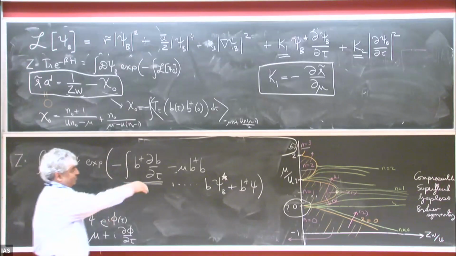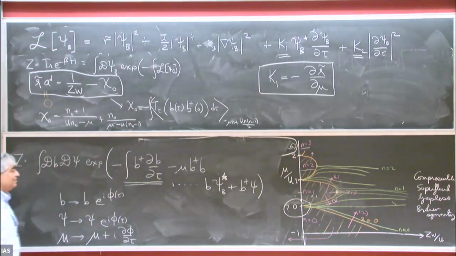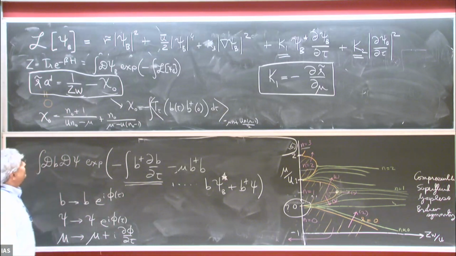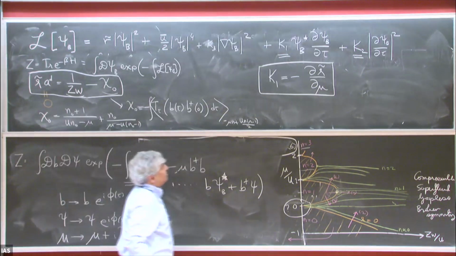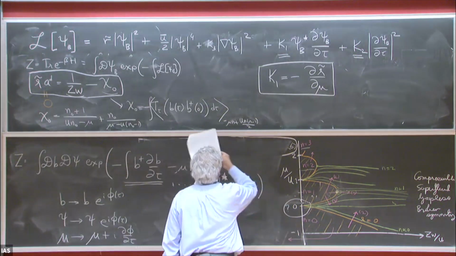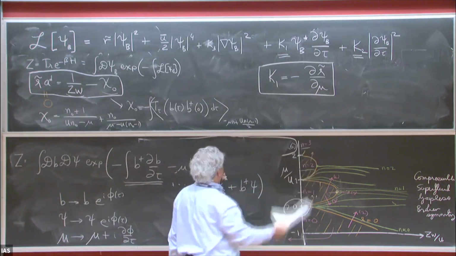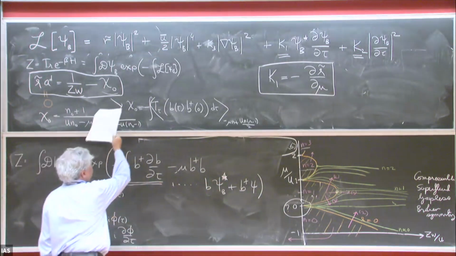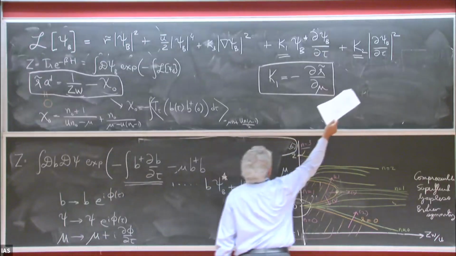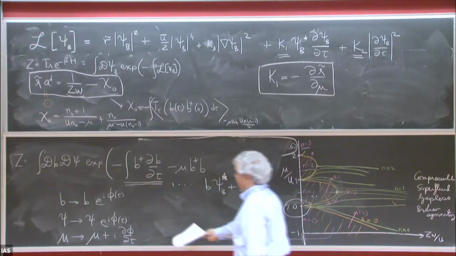Now, the point is that all the manipulations that I did so far go through even for a time-dependent chemical potential, provided it's weakly time-dependent. And so the Lagrangian that I wrote down over there, modulo terms involving time derivatives of mu, which don't affect this order, should also be invariant under this transformation.